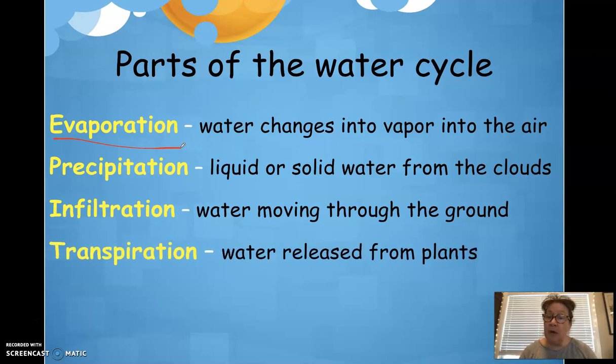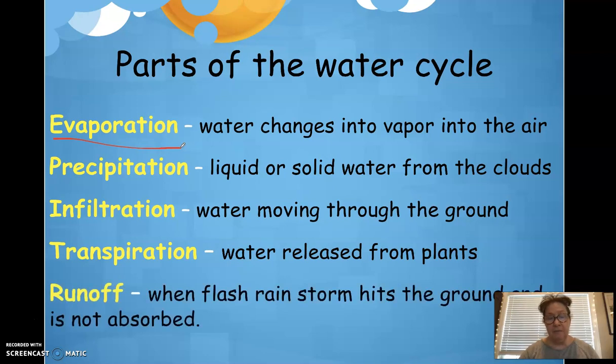Then we have transpiration, and that's kind of unique, and it's a small amount, but it's where water is released from the plants back into the atmosphere. And then we have runoff, where when you get a flash rain, a storm, and it hits the ground, it's coming in so much that it will run off on the ground into our streams, creeks, and rivers.